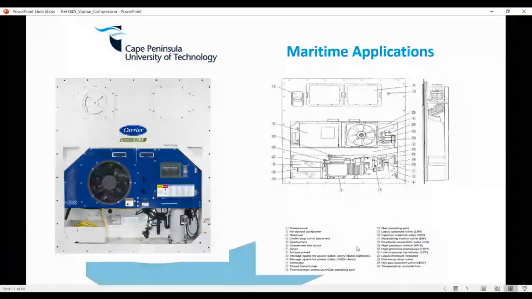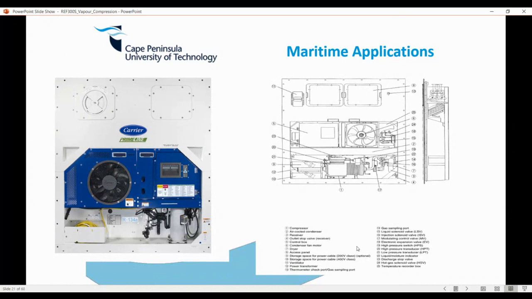Oh, and over here, obviously it's exactly the same thing, and it's literally telling where each component is, where your motor is coupled to your compressor, and you might have a ventilator there on top, and you've got your expansion valve, all your components.